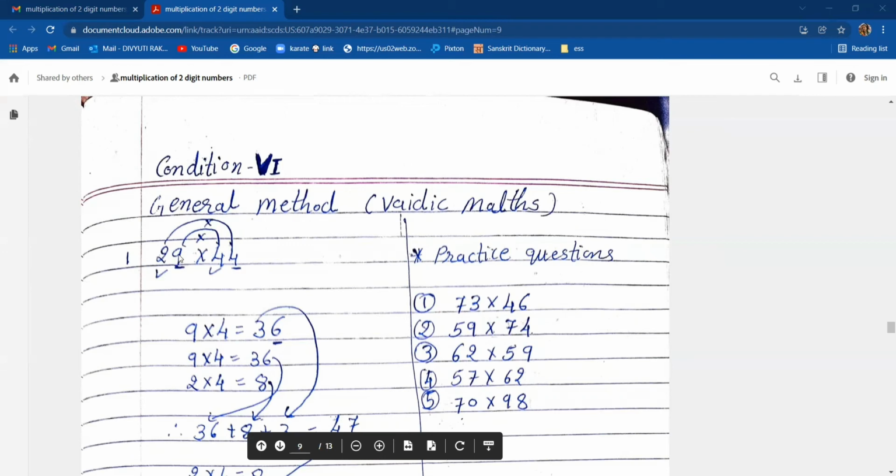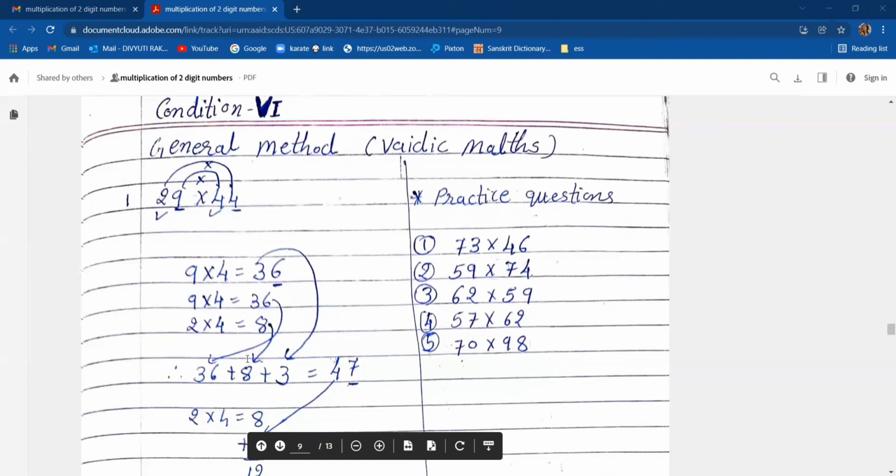Then what you need to do is multiply this two number as well as this two number, and then you have to add it. So 9 fours are 36 and 4 twos are 8. And then you have to add these numbers. So 36 plus 8, and this 3 carry was there. So this 3 will also be added. So the answer will be 36 plus 8 will be 44. 44 plus 3 will be 47.